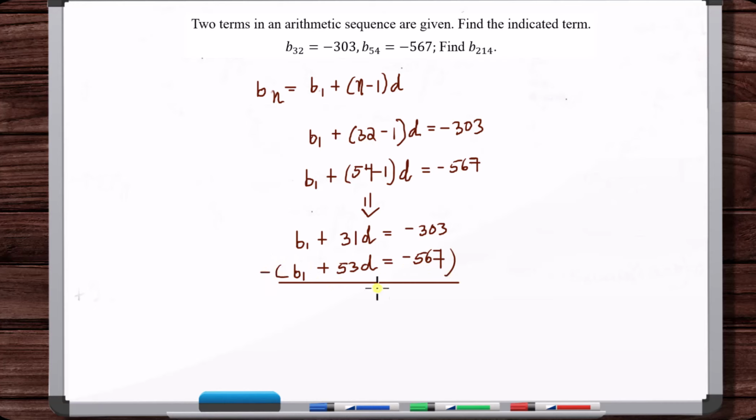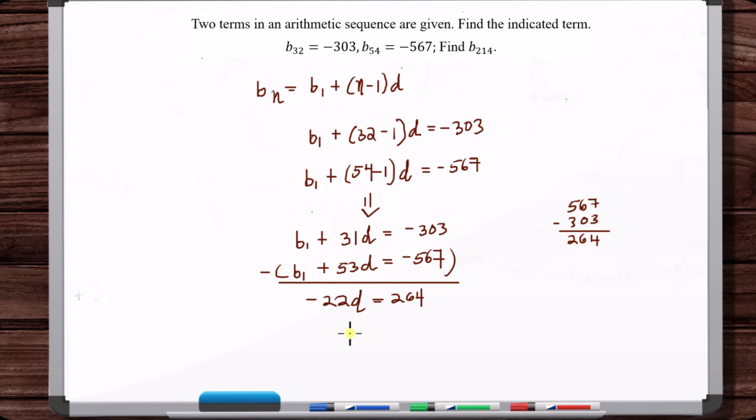So now let's subtract these two equations to get rid of the b1. So 31 minus 53 is minus 22d. Okay, and then minus 303, and now it's going to be plus 567. So 567 minus 303 is 264.